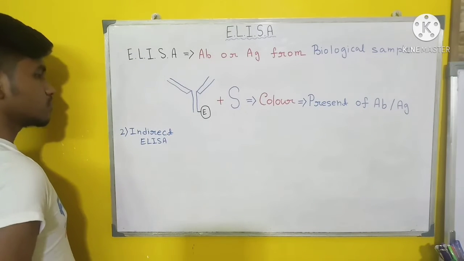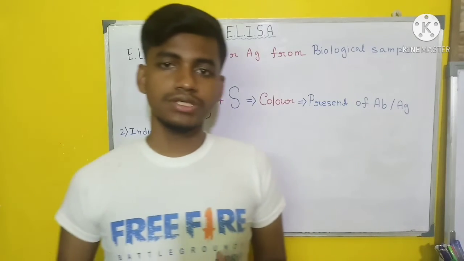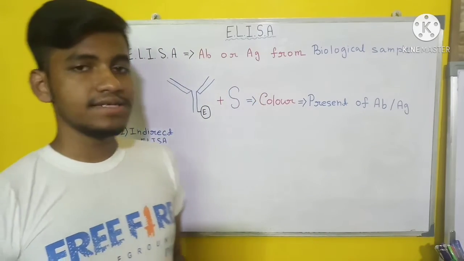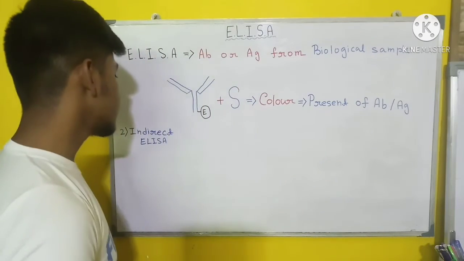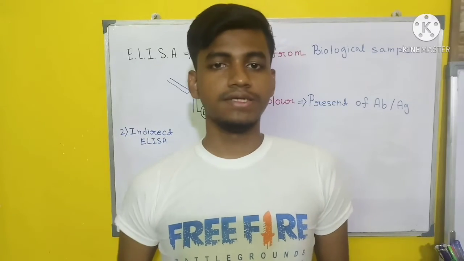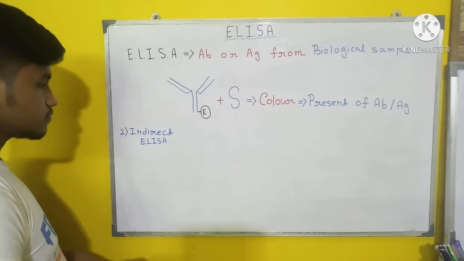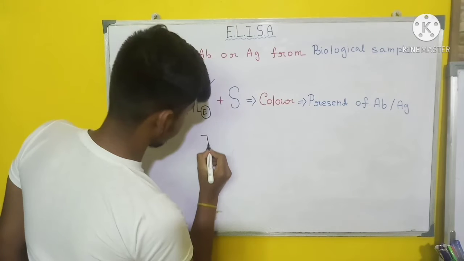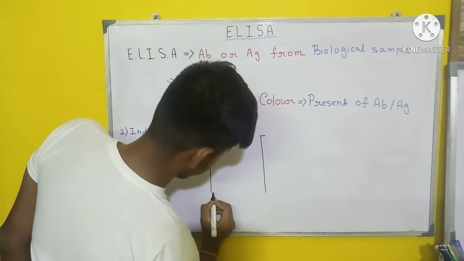So indirect ELISA is what we use to detect the presence of antibody from the patient serum sample. So suppose, guys, it is a well of a 96 polystyrene microtiter plate.